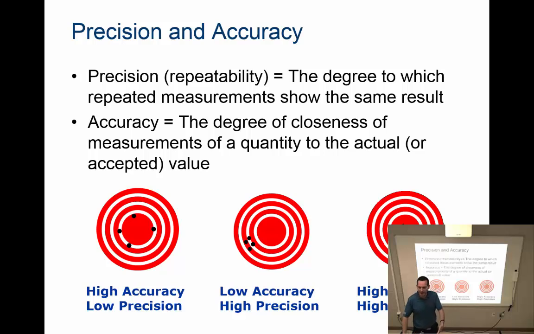I get off and get back on again, 165. In that circumstance, my accuracy is off because I actually weigh 170. But my precision is high because it's showing me the same, wrong, but the same number every single time. If I calibrate my scale before getting on, and it shows 170 every time, then it's highly accurate and highly precise. And that's what we're going for.